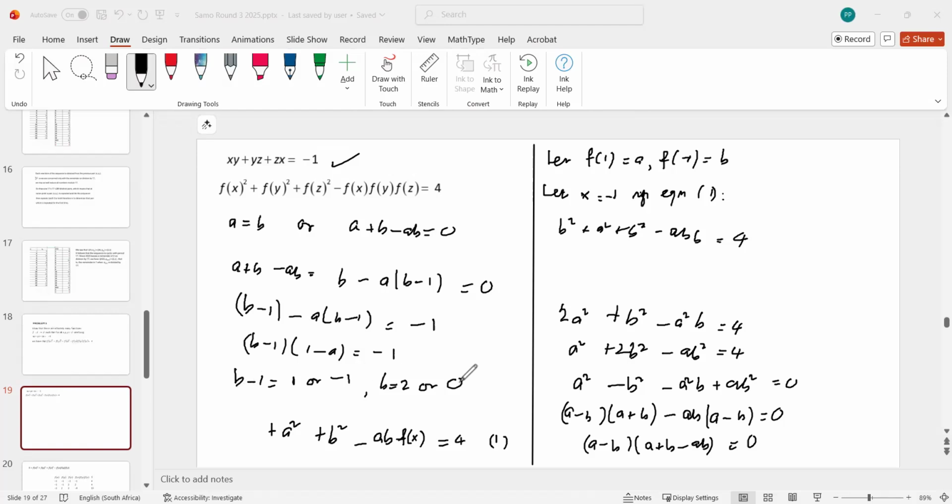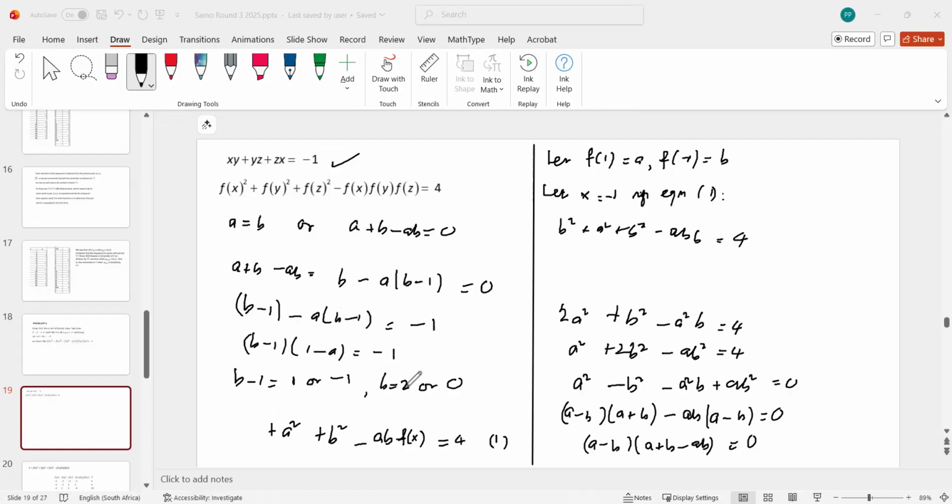Now b equal to 0 is not allowed, simply because if b equals 0, then you'll see, oh well, anyway. Okay, if b is equal to 2, then a and b are both equal, right? Oh, no. a and b are not equal in this case.